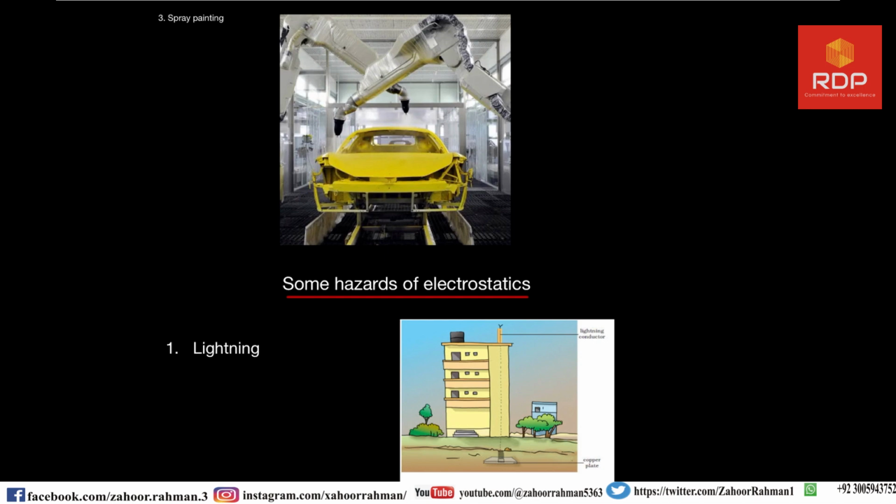The object, such as the car body, to be sprayed and the spray nozzle, and hence the paint, are given opposite charges. This will result in good adhesion of the paint to every corner of the object to give a uniform layer of paint. This method is effective, efficient, and economical.